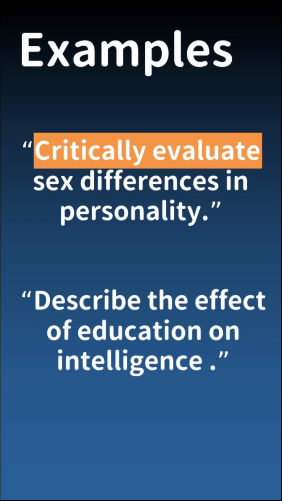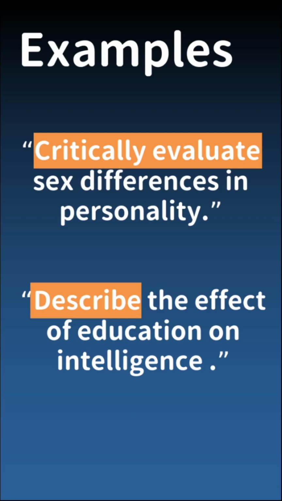Sometimes you get a question like this, for example: describe the effect of education on intelligence. The reason I give this specific example is that there is something you really need to look at in this question. The question is not for you to just write everything you know about education and intelligence. It asks about the effect of education on intelligence.